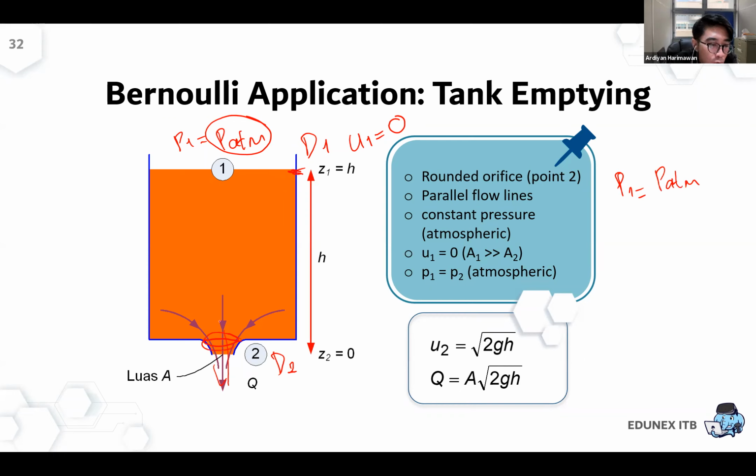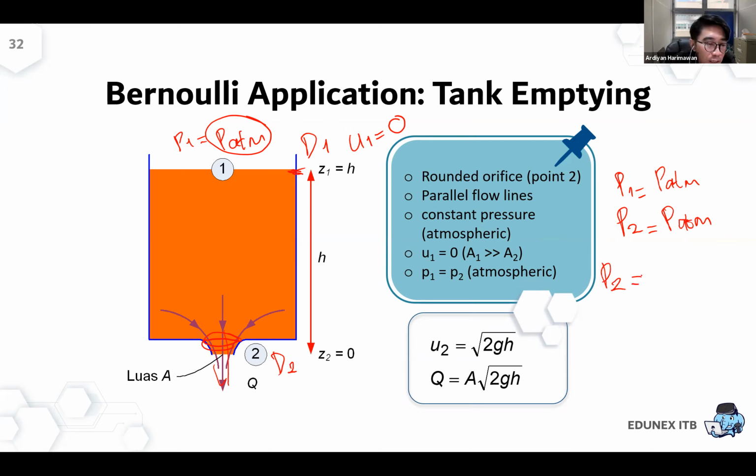At point 2, water flows out, and point 2 is also open to the atmosphere. It means at point 2 the pressure will also be atmospheric, because you have a hole at point 2 and water comes out. If there is no hole at point 2, what will be the pressure?